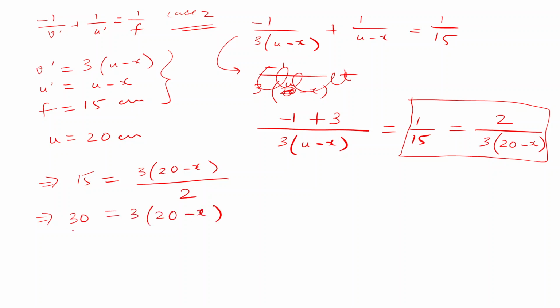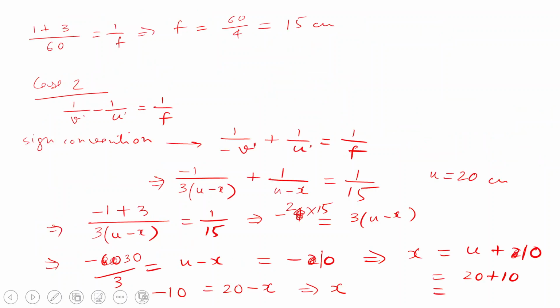And this 3 in the division when it comes, it will be 10, 20 minus x. And from here, x I will take left side, then it will be 20 minus 10. It will be 10 centimeter, which is the correct answer.